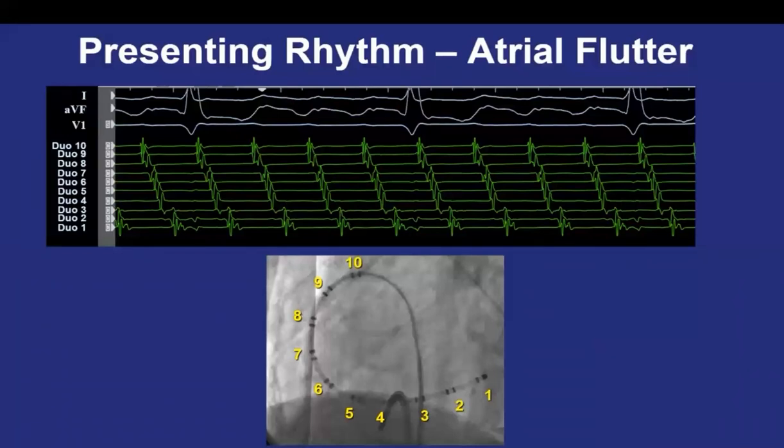Yes, it starts from the lateral wall down through the tricuspid isthmus, and it looks like a reentrant circuit like this. Would you consider it counterclockwise or clockwise? This is clockwise.